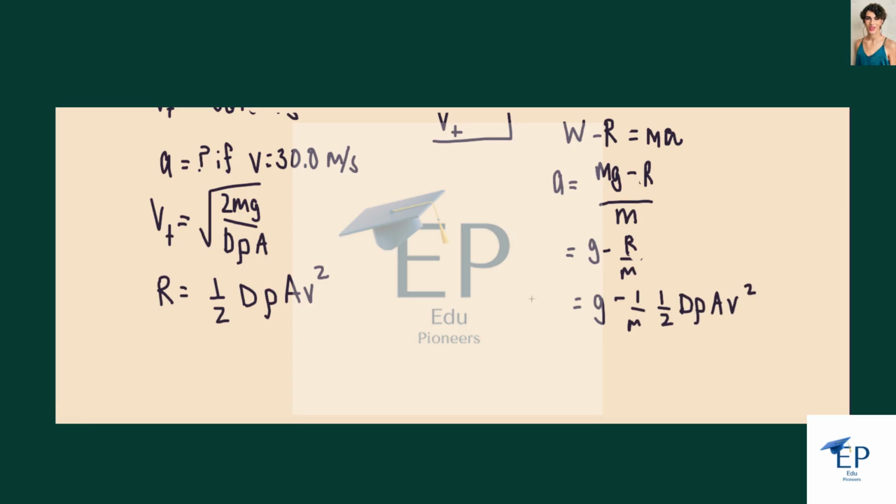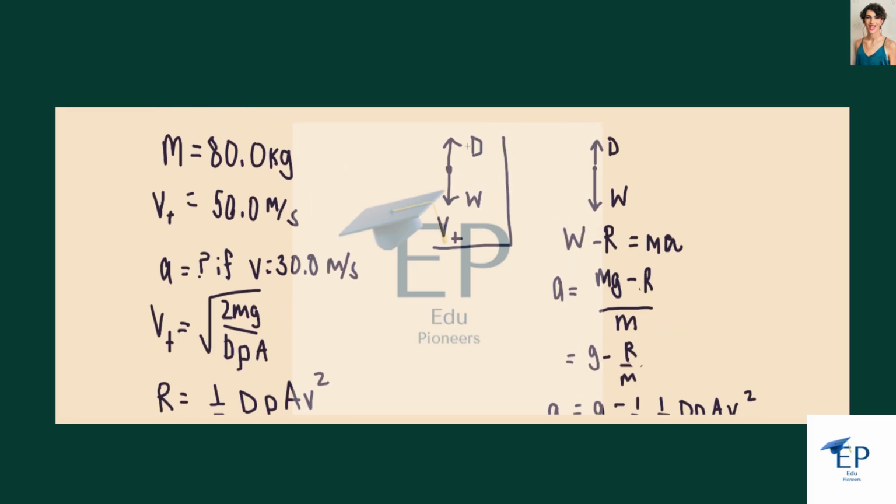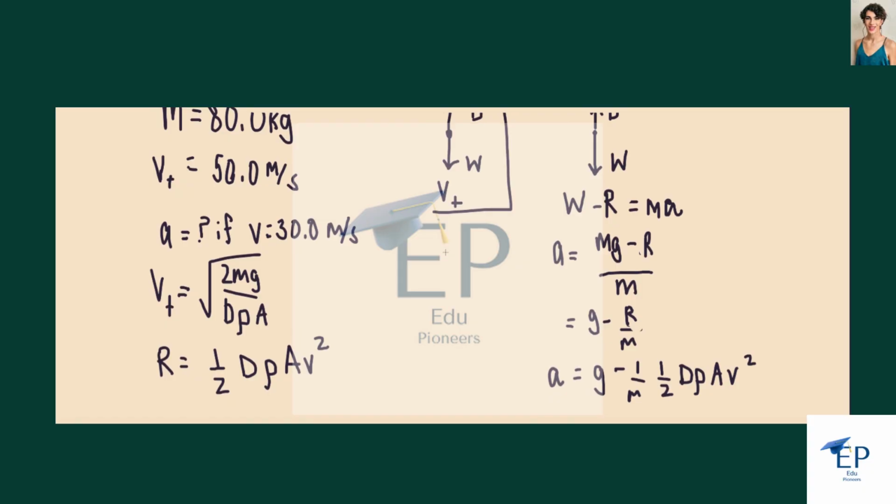So obviously we don't have a lot of this information, but hopefully we can use what we have to help us out. If we know the terminal velocity, we can solve for D rho A, right? So we get vt squared is equal to 2mg divided by D rho A, and then cross multiplying, we get that D rho A is equal to 2mg divided by vt squared.